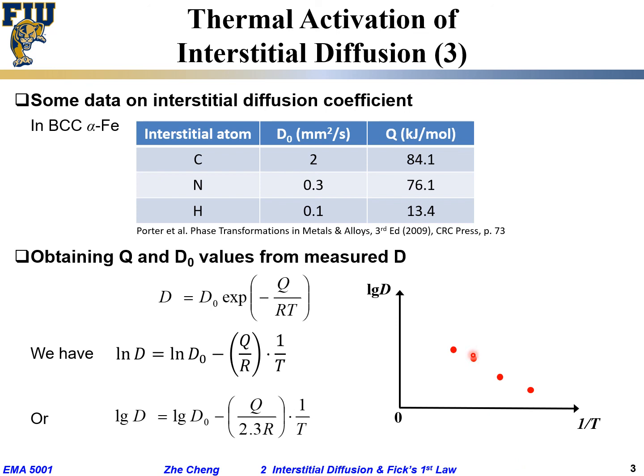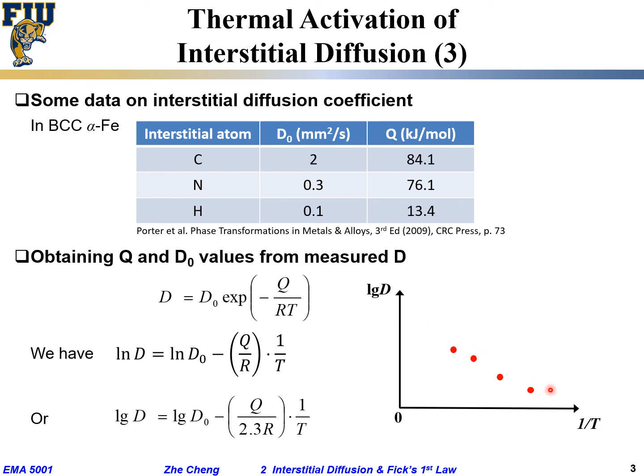Of course, your measured actual data points would vary a little bit. If we measure at one temperature, at another temperature, on this plot, is the left side higher or lower temperature? 1 over T close to 0 means the temperature is higher. 1 over T is higher means the temperature is lower. Okay, we get a kind of linear relationship.